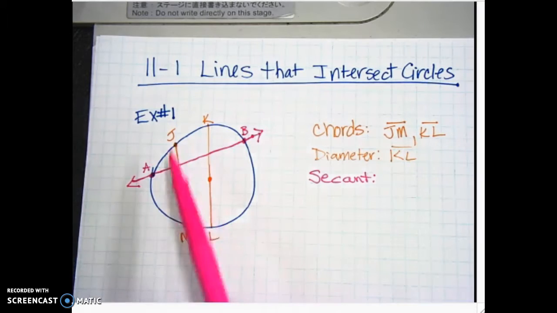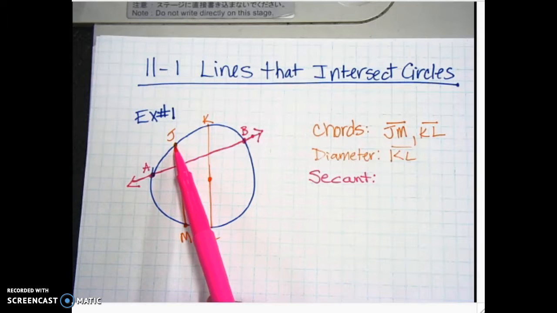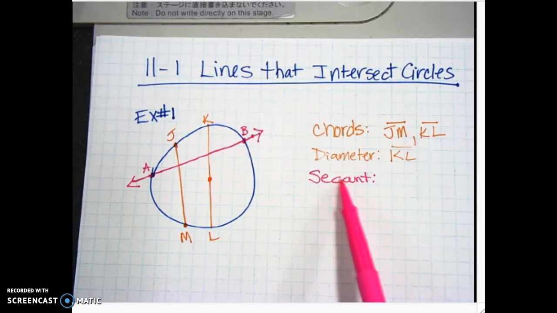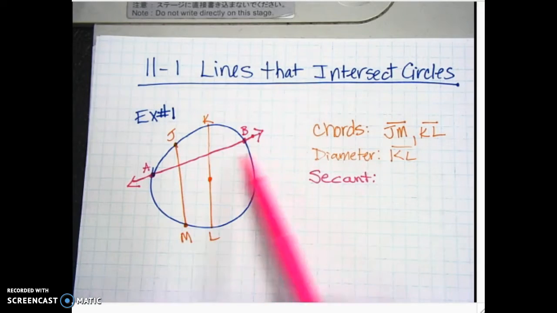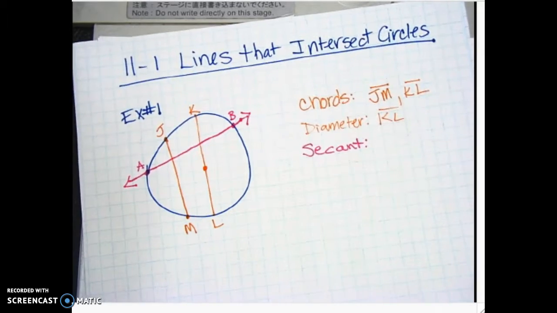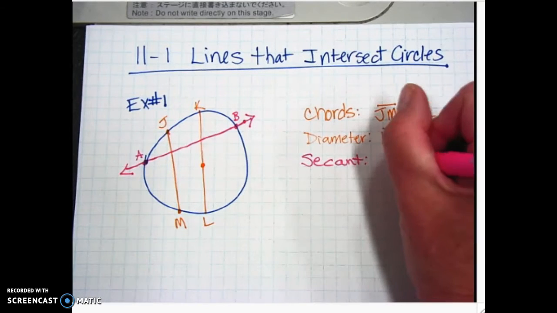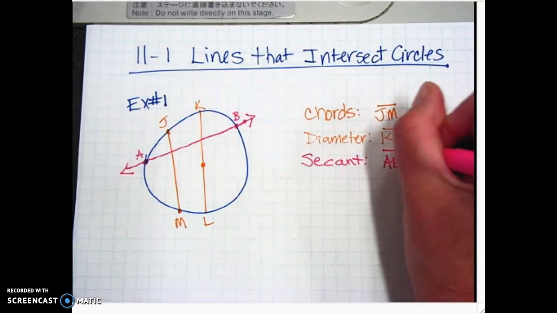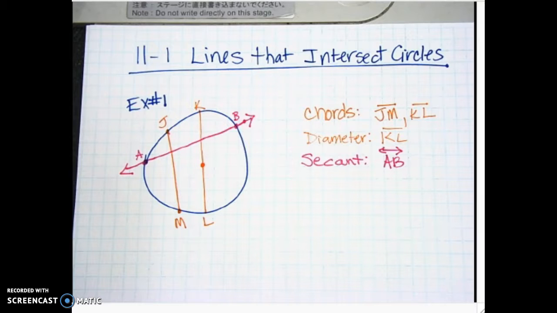The difference is the chord has endpoints and the secant is a line that's continuing on. So when you go to write its notation, you would say AB with arrows on the ends of it.